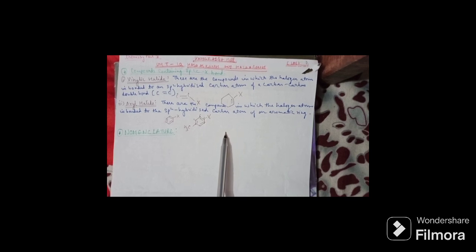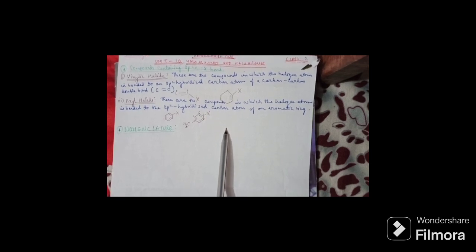Haloarenes have common as well as IUPAC names for aryl halides, and for dihalogen derivatives the prefixes o, m, p are used in the common system, but in the IUPAC system the numerals 1,2 or 1,3 or 1,4 are used. We'll go forward in detail.